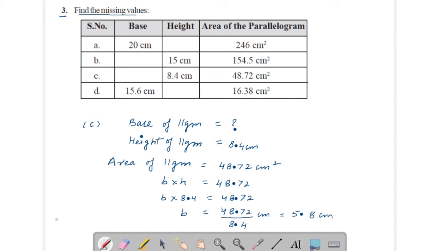Therefore, base of parallelogram it is 5.8 centimeter. This is your answer.